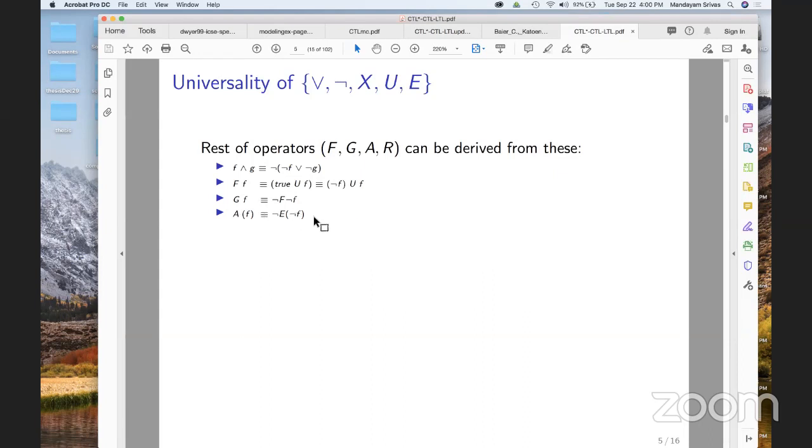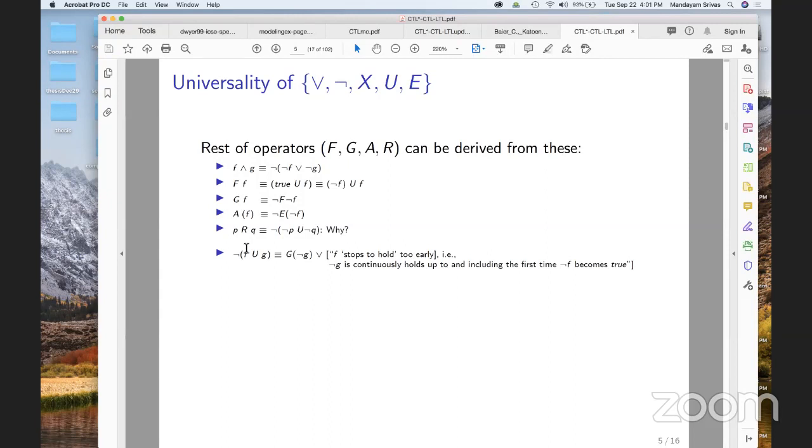This follows from the semantics of quantification. Since A is quantifying over all paths, it means that there cannot exist a path on which not of that formula is true, because this requires that on all paths that formula will have to be true, originating from that state. We went through this last time.